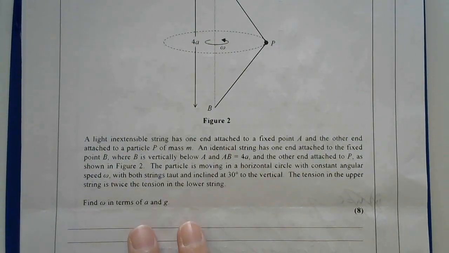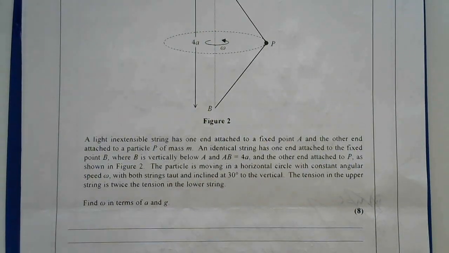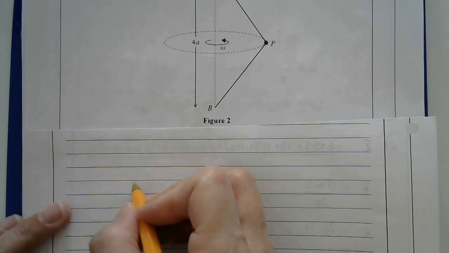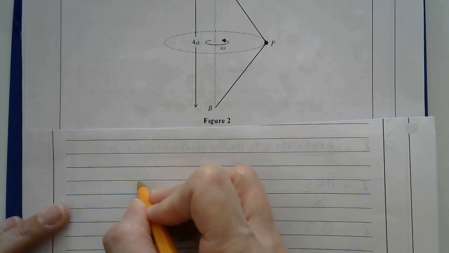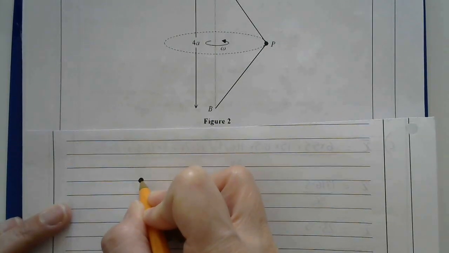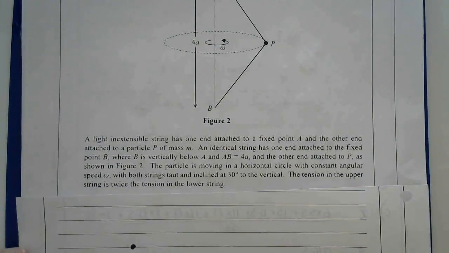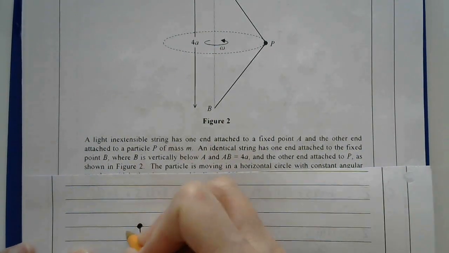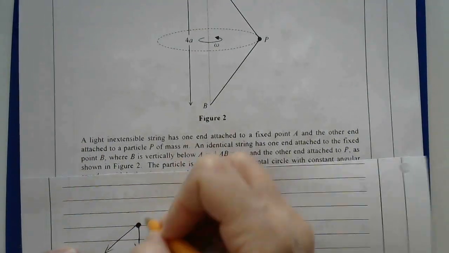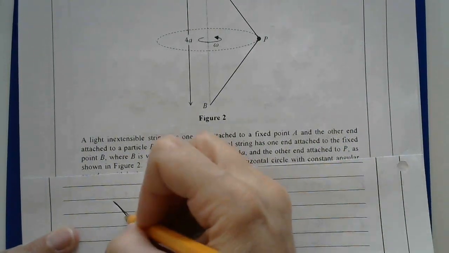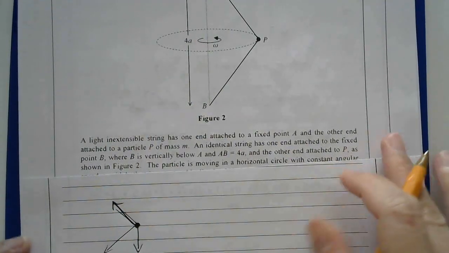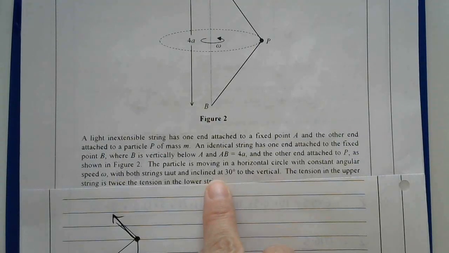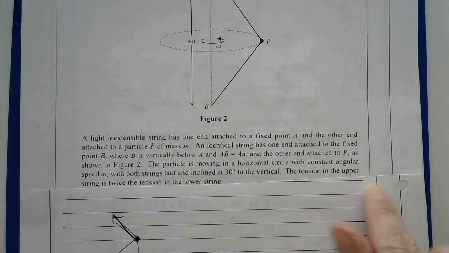So the very first thing that I will draw is a diagram. What I'm really interested in is the forces acting on P. The mass is M, so the weight will be mg. I'm given these two tensions, which are along the strings, both inclined at 30 degrees to the vertical.